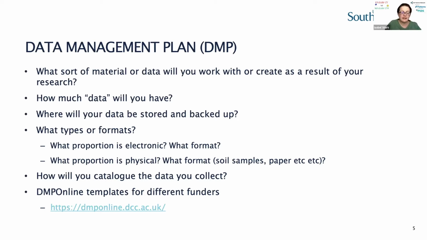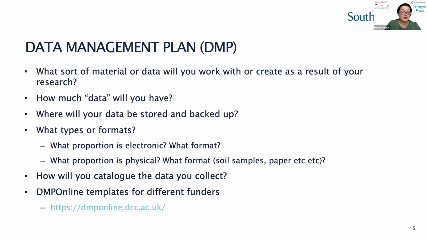So I would say that a data management plan is essential for any new research project, whether it is funded or unfunded. And a useful tool, if you've not come across it before, is the DMP Online tool that is run by the Digital Curation Centre, who are based out of Edinburgh. They keep it up to date for the requirements for all the different funders, but there's also just a basic one that is not funder specific that you can use to start your own work.